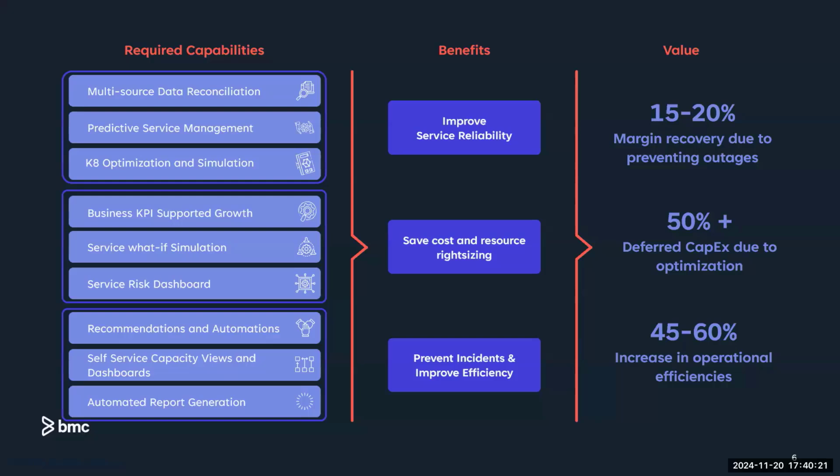It also looks at recommendations for how you could save money by right-sizing, deferring purchases, or making your teams much more operationally efficient, so you can do more with less and ultimately become more successful and expand your business.